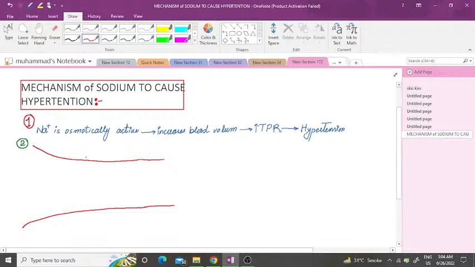The receptor I am going to write now is G protein 12 to 13. This G protein is associated with its receptor, which is called G protein coupled receptor.